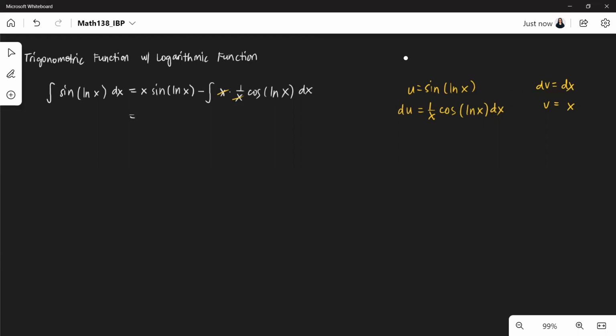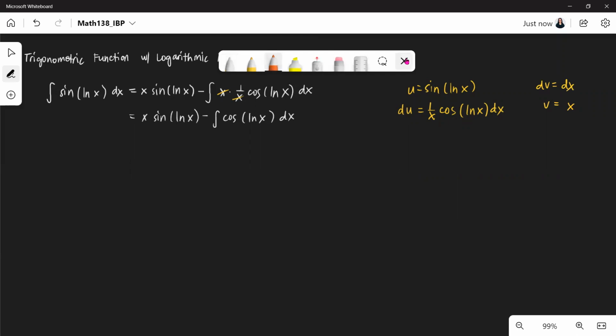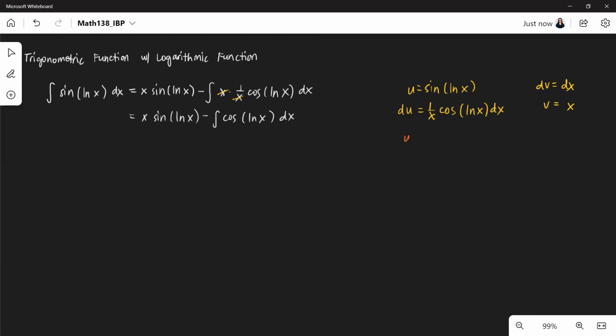We need to do another round of integration by parts for this one until it becomes sine again, and then we can combine it with the sine on the left side of the equation. So the second round of IBP. Let u be equal to cosine of ln of x.